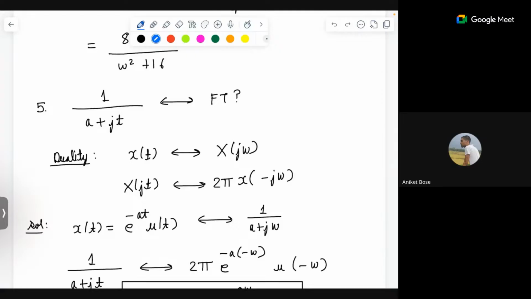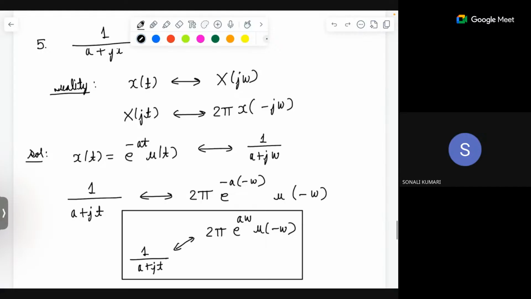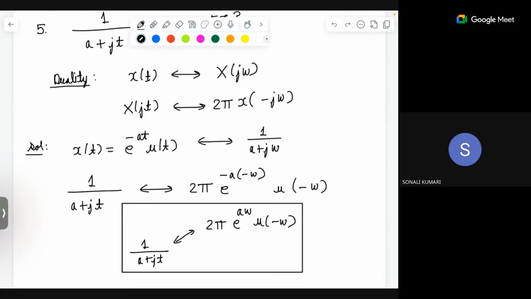Basically, you can call it as xt. This is a continuous time function. Xt, you want to find the Fourier transform. Sonali, did you understand? Yes, ma'am. Okay, everyone understood now. We just simply use this property over here. Yes, ma'am, understood.